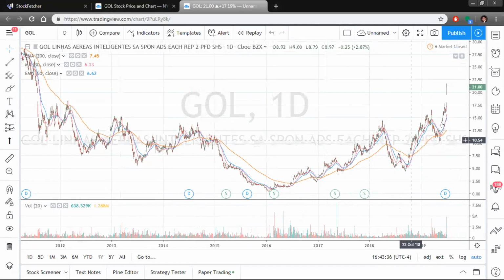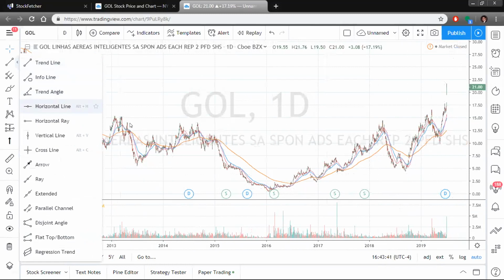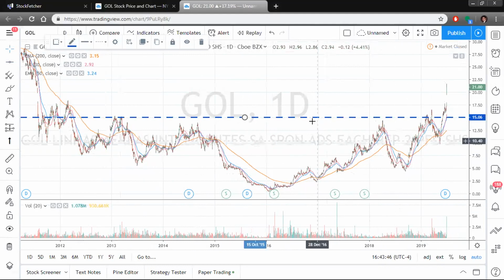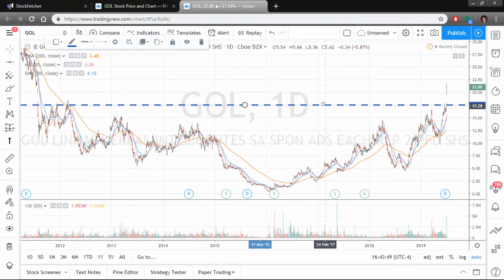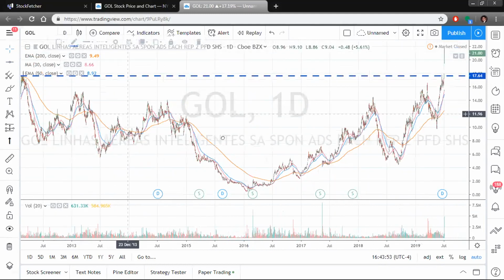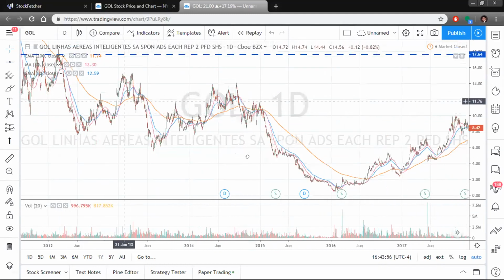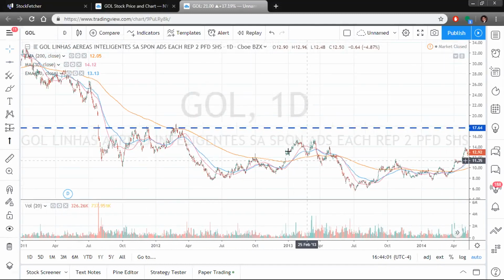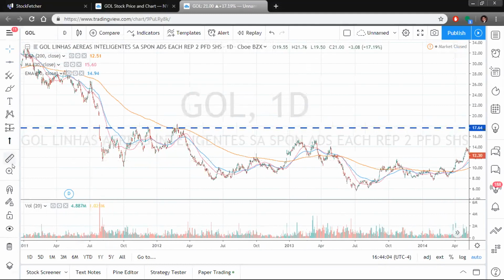So right now it's not the dividend. It's actually the breakout from all previous highs. And we have a gap down here. What did I say?